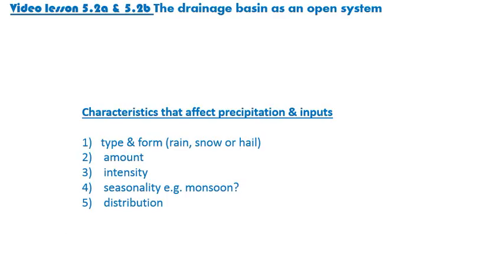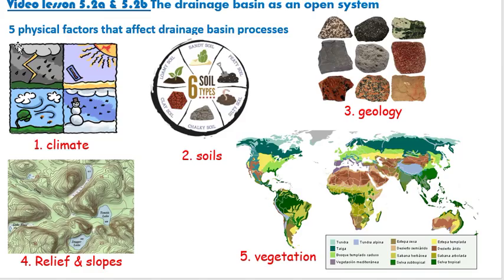The next slide is subheading 5, physical factors that affect processes within drainage basins. And I want you to just be thinking before next lesson, well, how does climate affect inputs, some of the processes, and outputs?